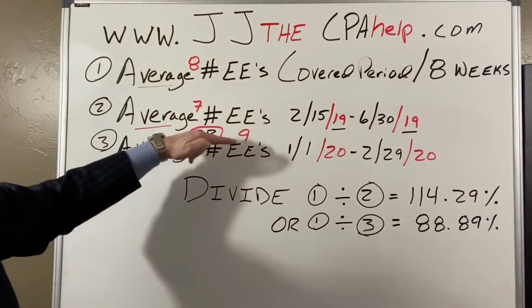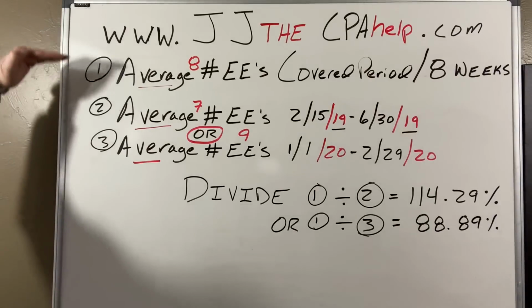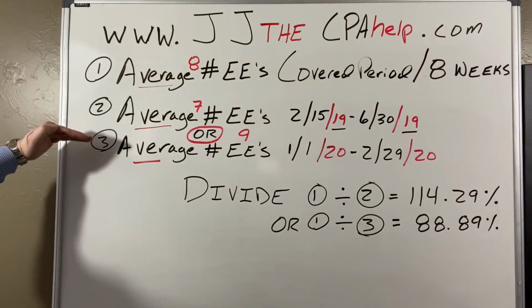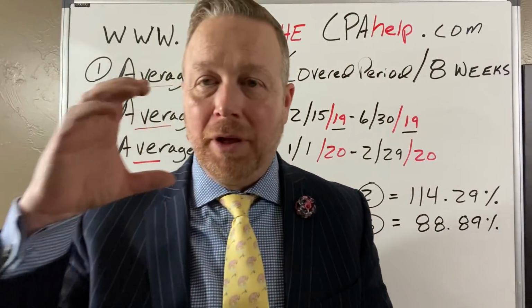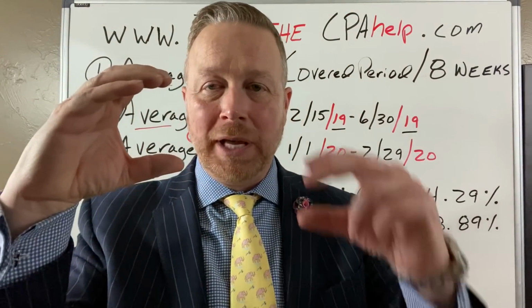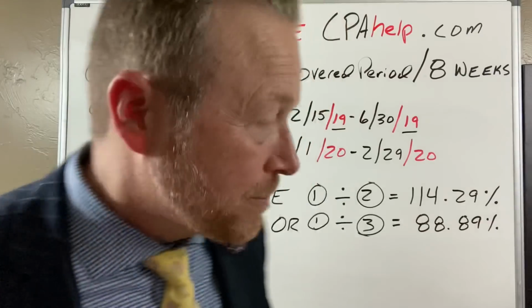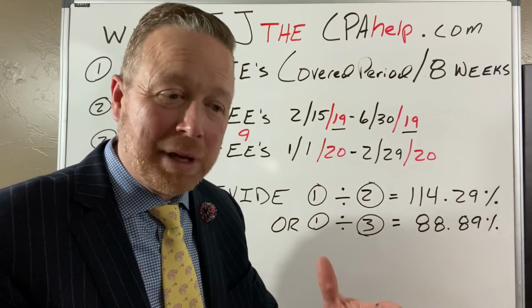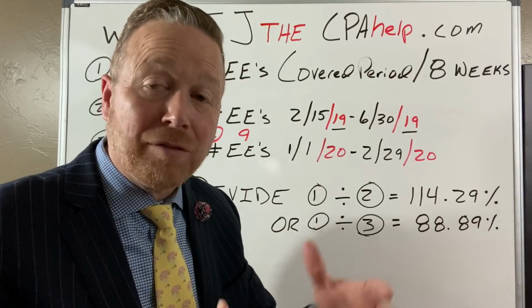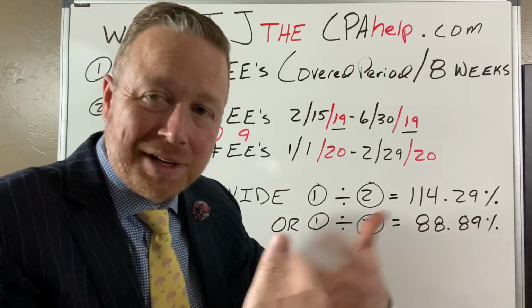So the first 2 months of 2020. So you need to figure out the average number of employees. So if in the first 4 weeks you have this many employees, and in the last 4 weeks of it you have this many employees, you're figuring out the average. And probably really you're just taking the payroll periods. Most of us would have 4 payroll periods. So what were the number of employees in each payroll period, to come up with your average.